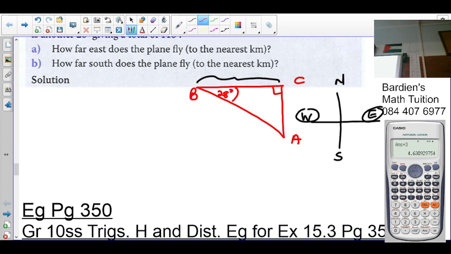What else do we have? We have the length of this to be 150, which is what in this triangle? Hypotenuse. You guys understand? So I'm going to calculate BC. What is BC to 28 degrees? Adjacent. Which trigonometric function uses adjacent and hypotenuse? So you say cos 28 is equal to BC over 150. Now what?